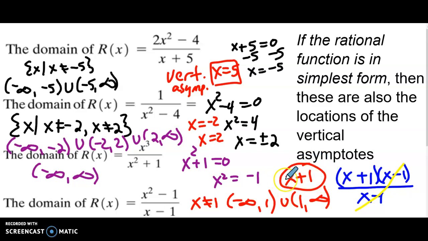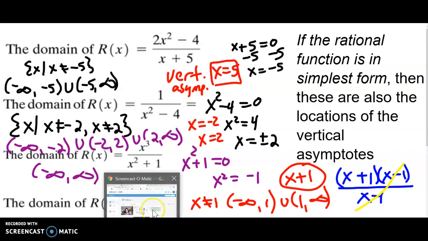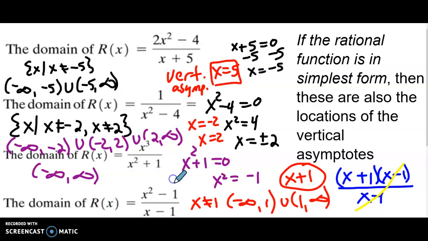Well, then it seems like the domain would be all reals, doesn't it? It's not all reals. This is my function. I can't put 1 into it. After I simplify it, I can. I get that. But I can't right now. So the domain still remains that x cannot equal 1.